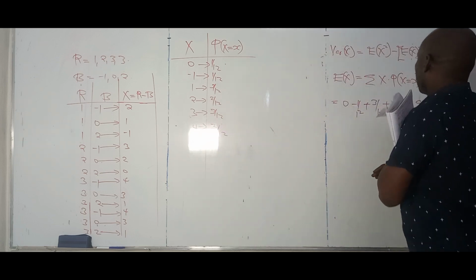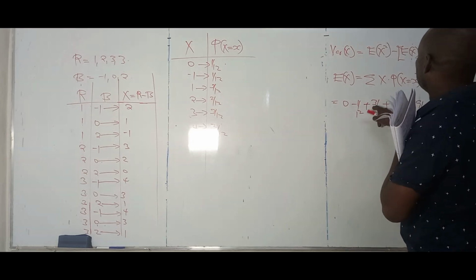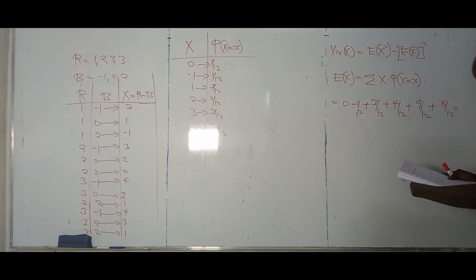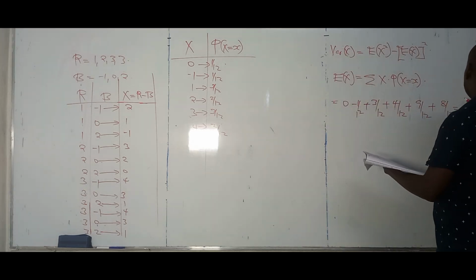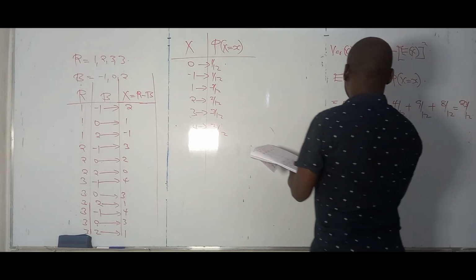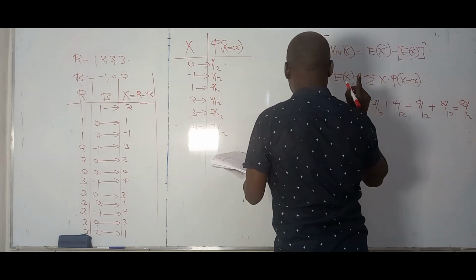And that is 17, 21, 24, 23. So it's 23 over 12.